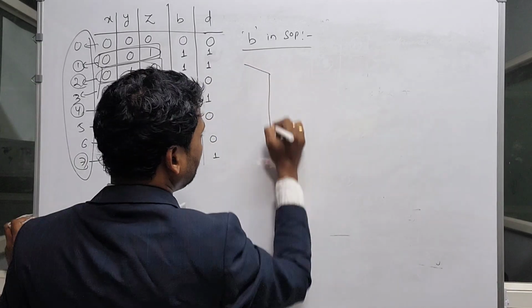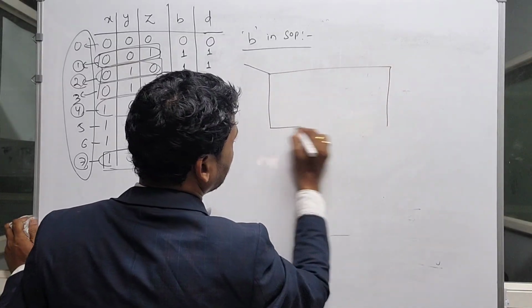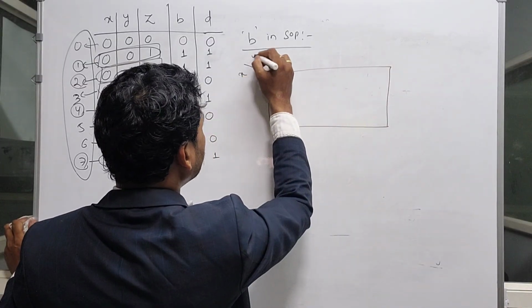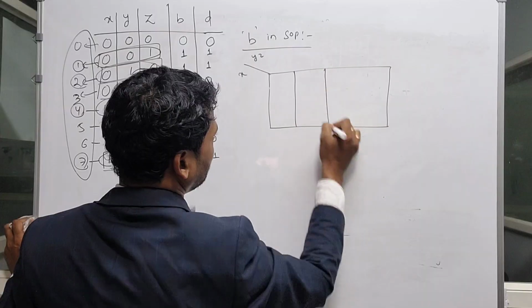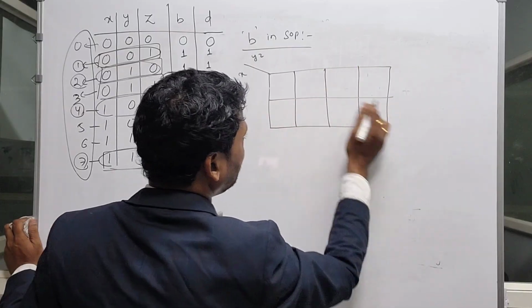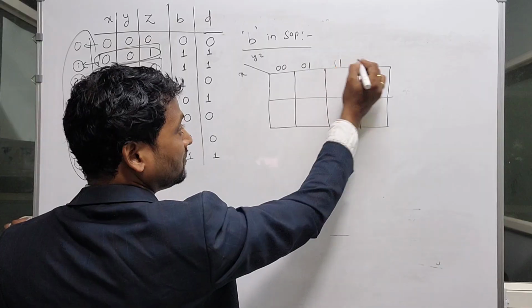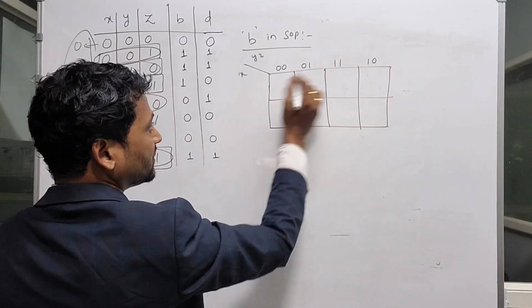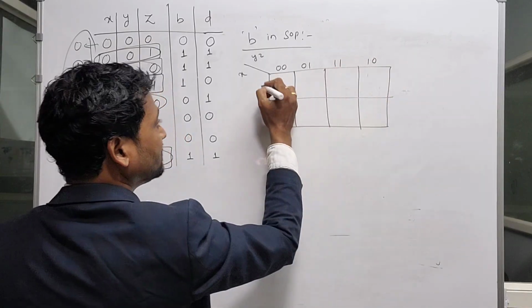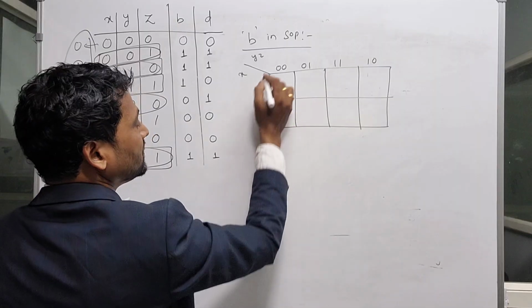Again you make a K map. This side is X and Y bar. As I have told, you have to make how many cell? 8 cell. Mention karo 0 1 0 0 0 1 1 1 1 0. Don't forget this part. 1 1 then 1 0, and it is 0 and 1.